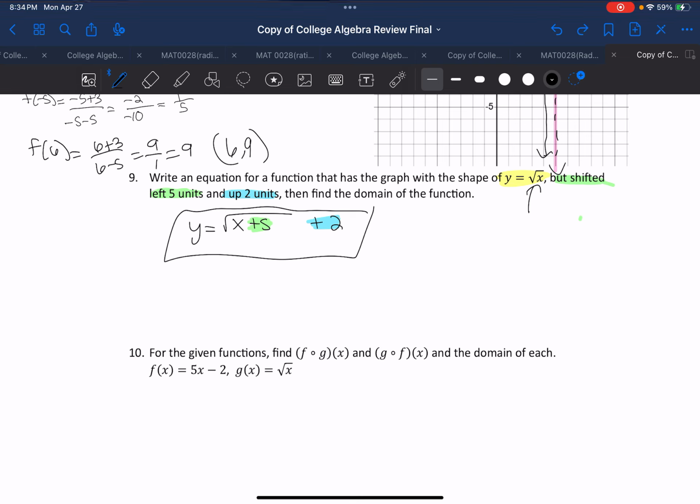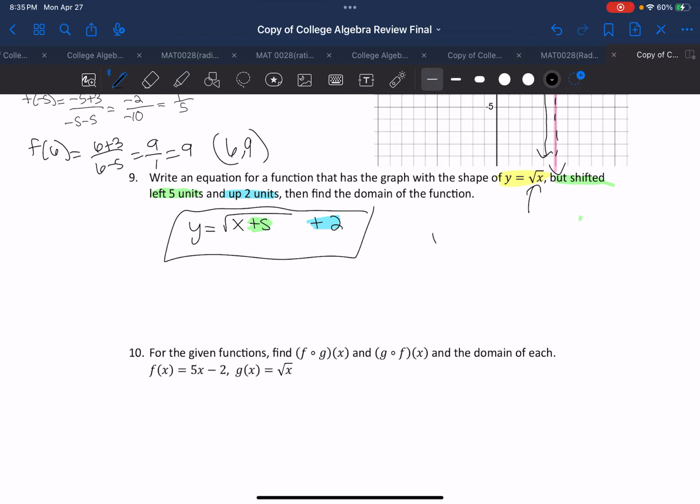Now the domain of a function that has a square root are all values of x, except for the ones that make the expression underneath the square root negative.